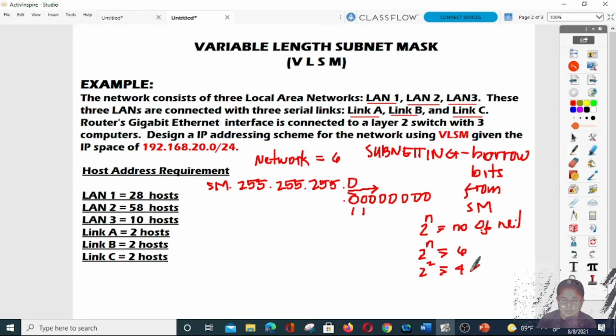It's still not enough. If we're going to borrow another bit, 2 raised to 3, does it satisfy the given equation?